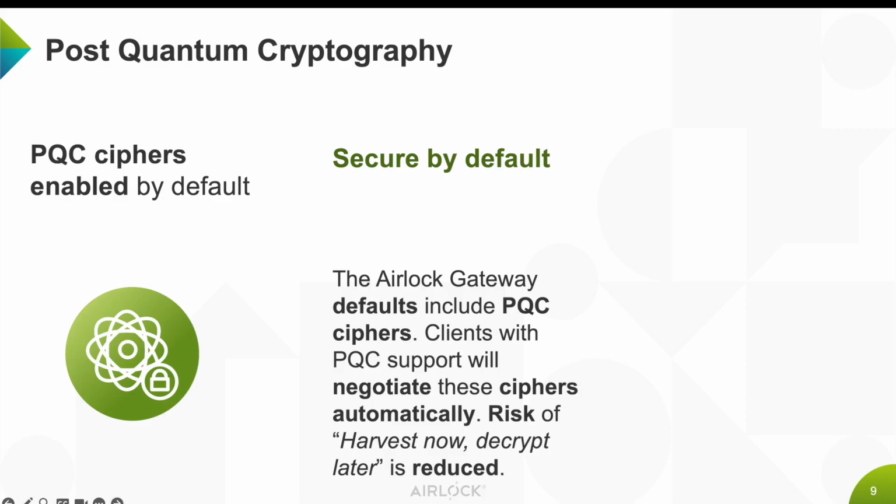This way, the risk of harvest now, decrypt later is reduced. We were running POCs with selected customers and partners since Q1 2024. During this time, we observed the performance of the new ciphers and did not see any negative impact.